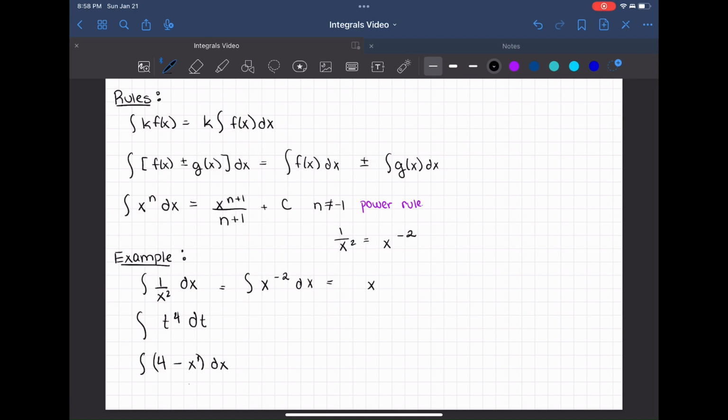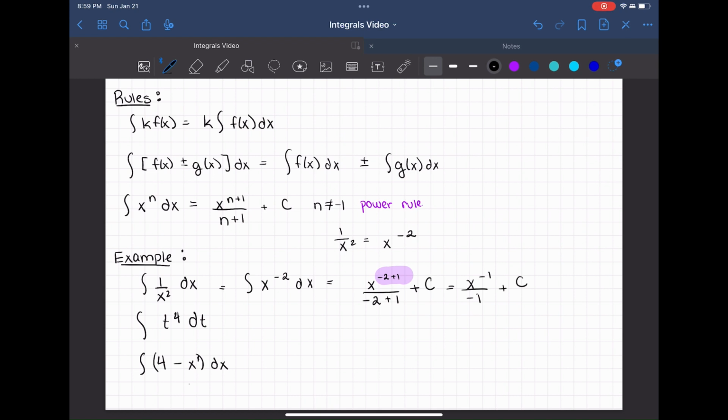So negative 2 plus 1 is going to be, that's just negative 1, but I'll write it out for you, over the new exponent, negative 2 plus 1. And then we're going to add that plus c, right? So that's just going to simplify that down to negative 1 over negative 1. So negative 2 plus 1 is negative 1. You see how that right there?